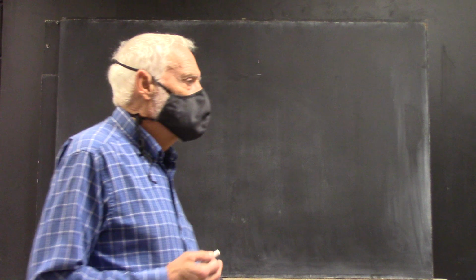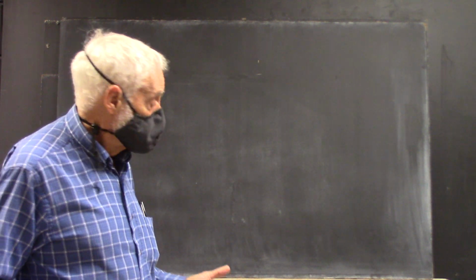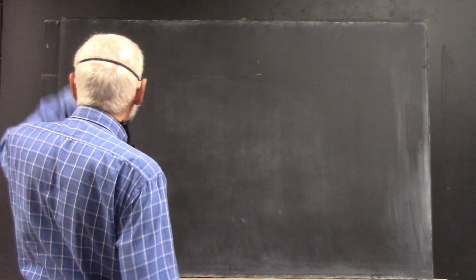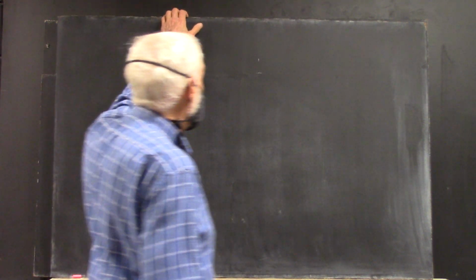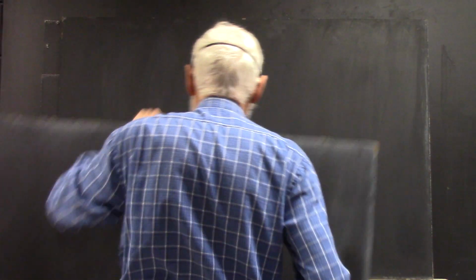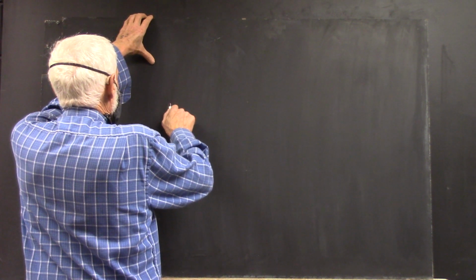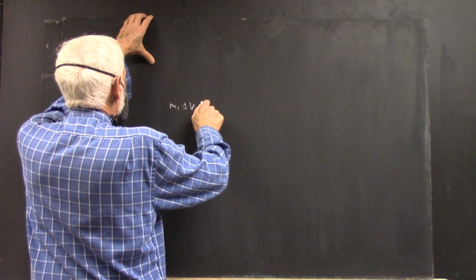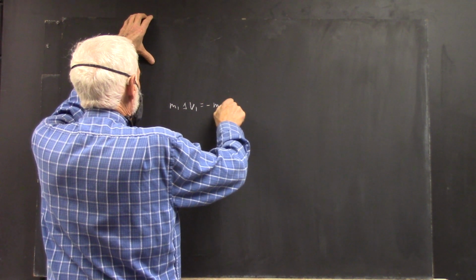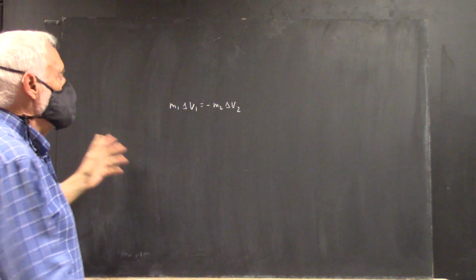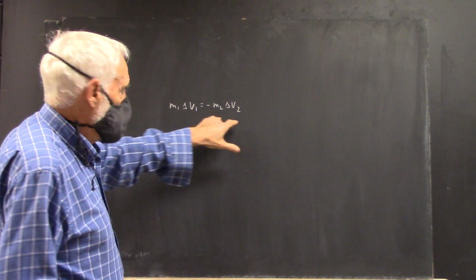Now, officially, to derive this, you've got to use integrals. Okay, so we're just doing it for constant forces on constant masses. So there's more to be done to make everything completely rigorous, but you take this home with you. So we have equal and opposite forces, equal and opposite changes in the MV quantity.